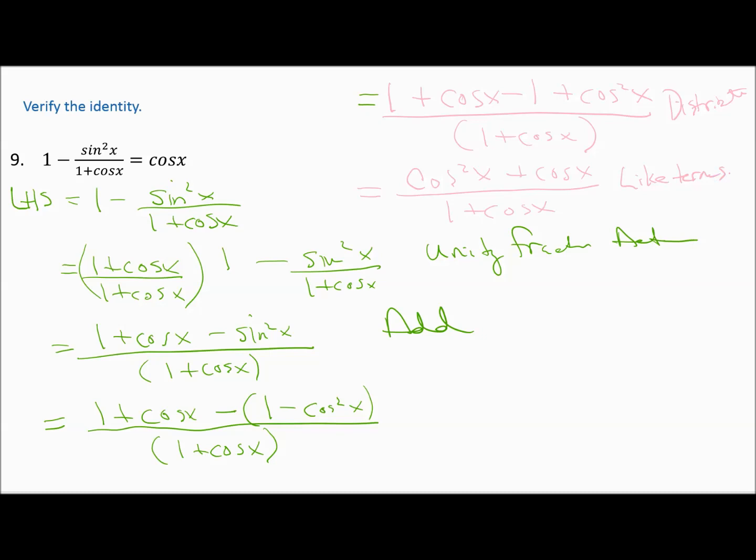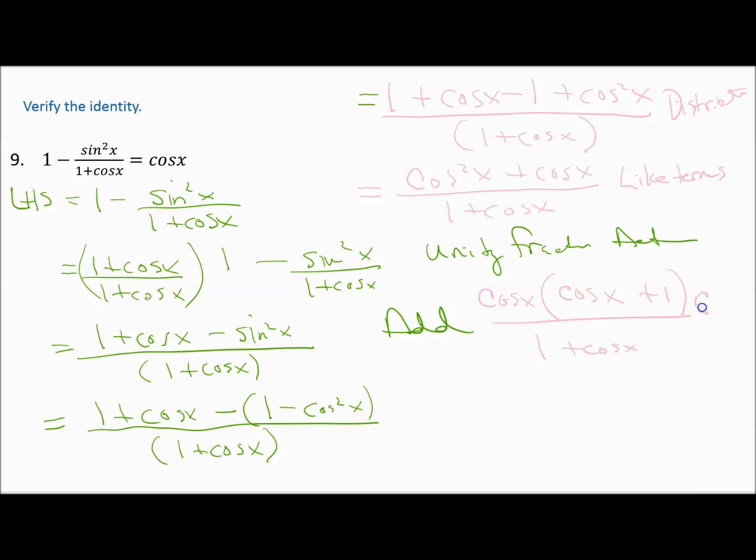Alright. Now, how does this turn into just plain old cosine? Well, check it out. Let's factor. Okay, here I have a greatest common factor of cosine of x. So I'm going to factor that out. I got cosine of x times, I pull one of those out, I'm still left with cosine of x plus 1 over 1 plus the cosine of x.